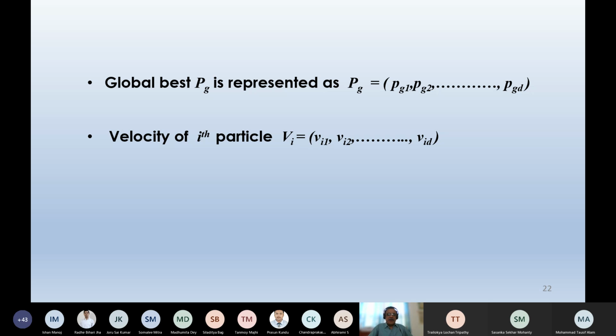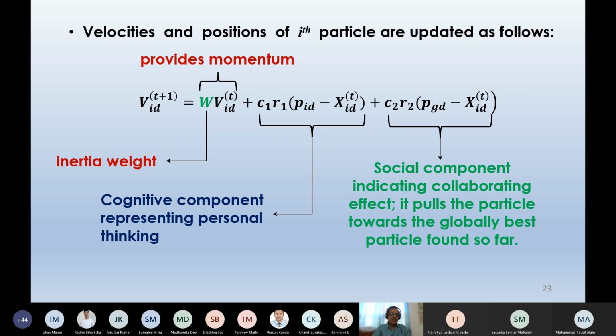Now the velocity of the ith particle, once again, will have d dimensions. So capital Vi is nothing but a collection of small vi1, small vi2, the last is small vid. Now the velocity and position of the ith particle are updated.